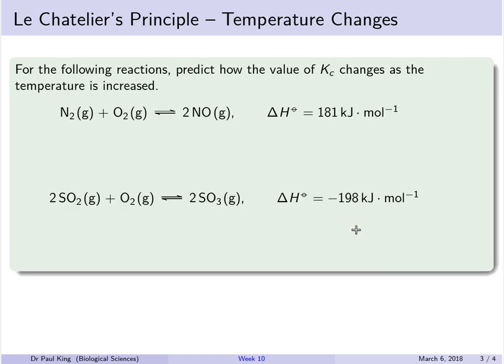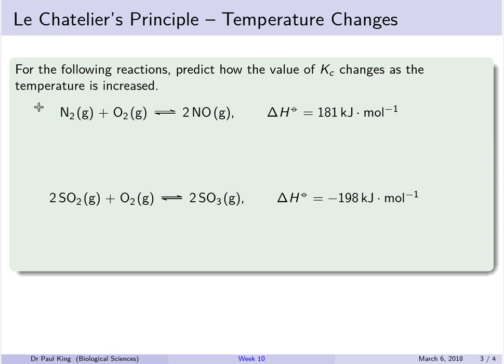If we then consider how the equilibrium will respond to temperature changes, we have 2 examples here that we need to consider. Now, bear in mind again that Le Chatelier's principle says that when a constraint is applied to a system at equilibrium, the system will try to re-establish equilibrium by opposing the constraint that's been applied to it.